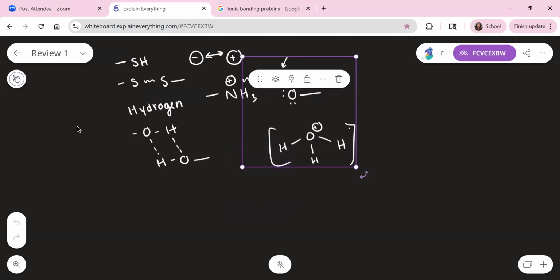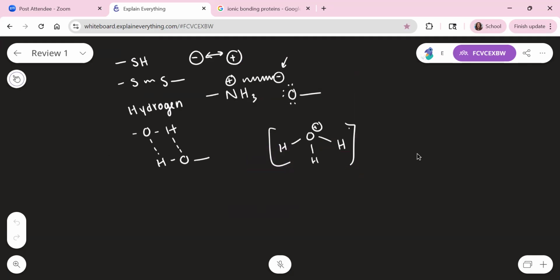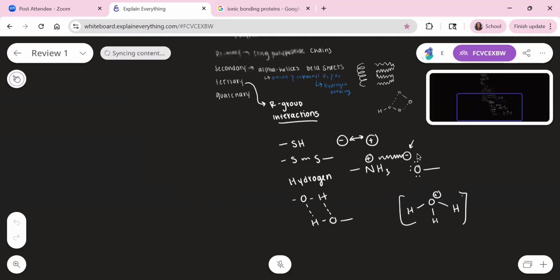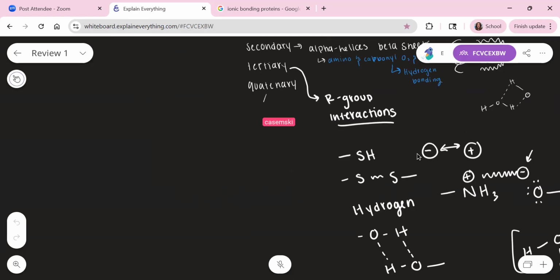So say we go through all of that. We then get to what's called quaternary structure. Something really interesting about proteins is they can have multiple chains within a protein. So we can have multiple polypeptide chains within a single protein.